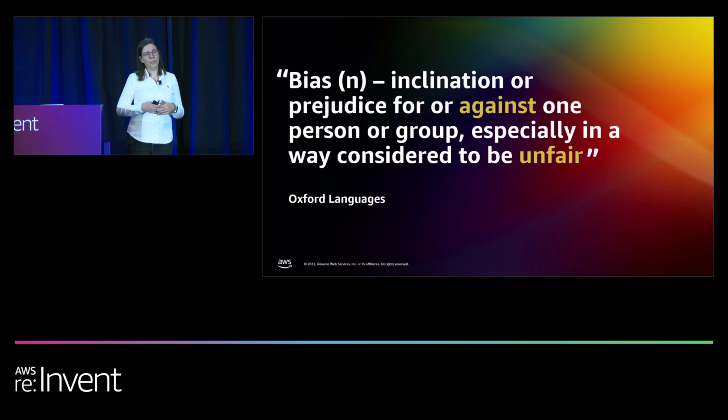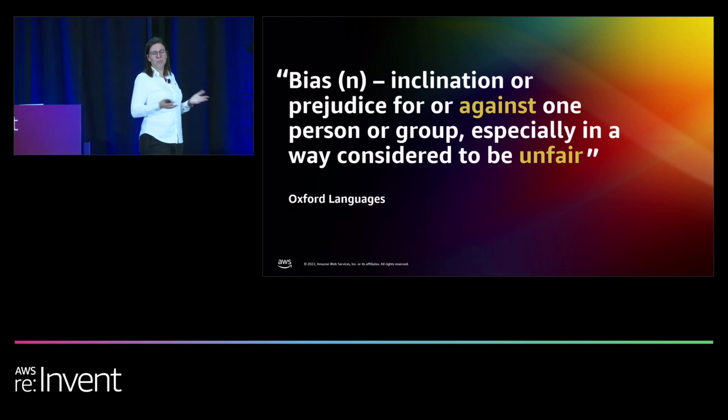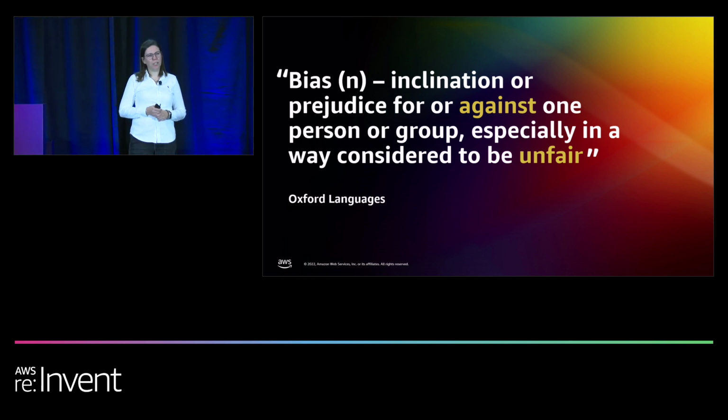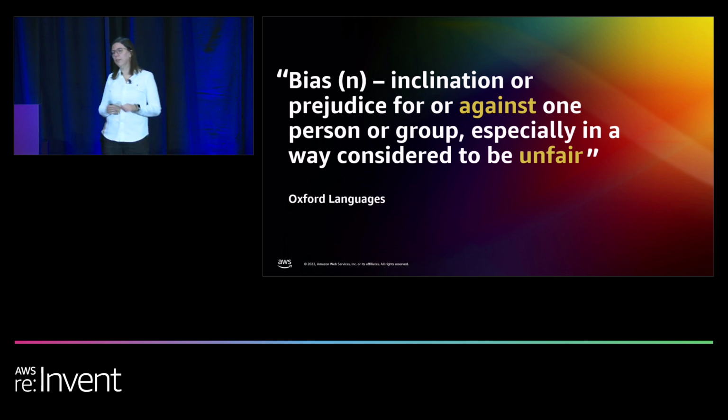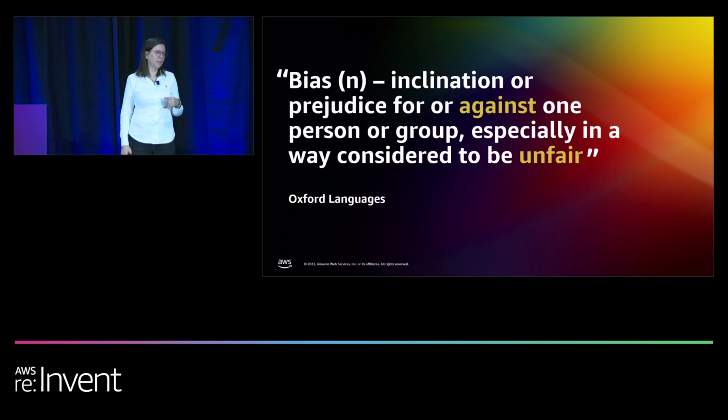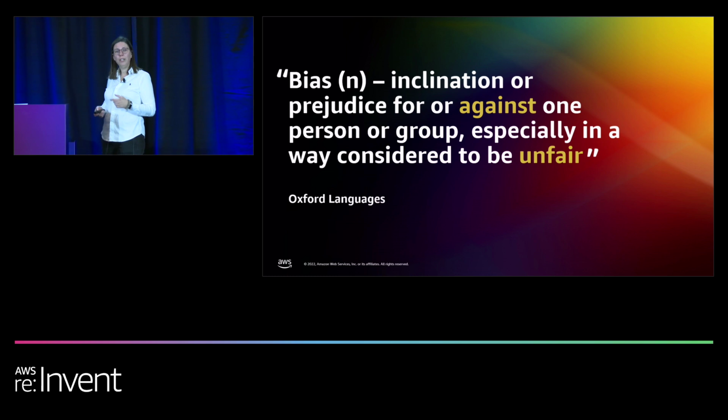So the model is maybe working very well in most cases, but for some kinds of people, it will not work at all. And this is a problem because it is most of the time for minority groups, and it will not work for the minorities. This is important, and it can be very, very dangerous.